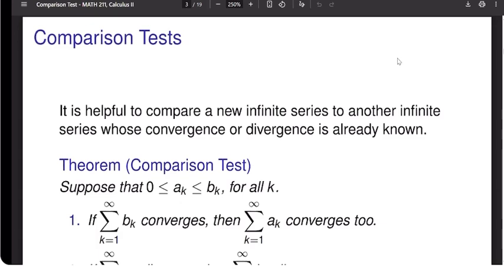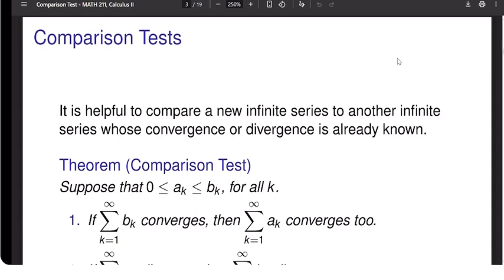I remember I walked you through different methods of doing that. Number one, the integral test approach. And I also walked you through P-series and so on.